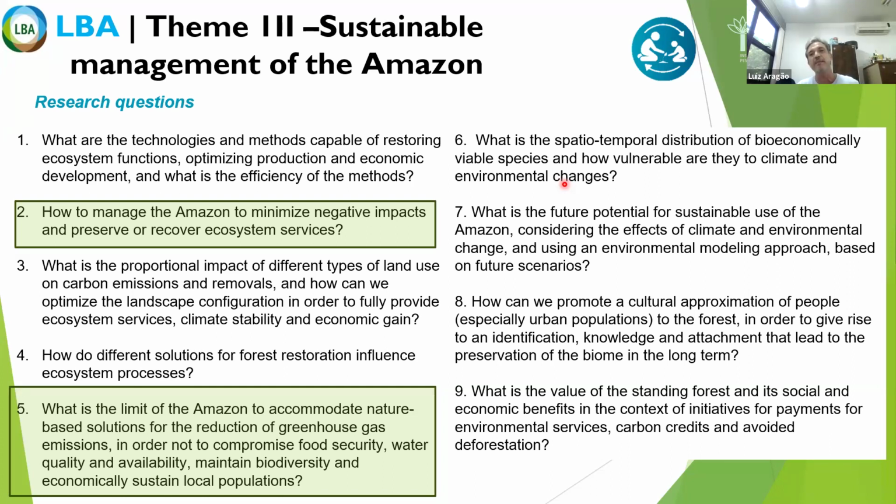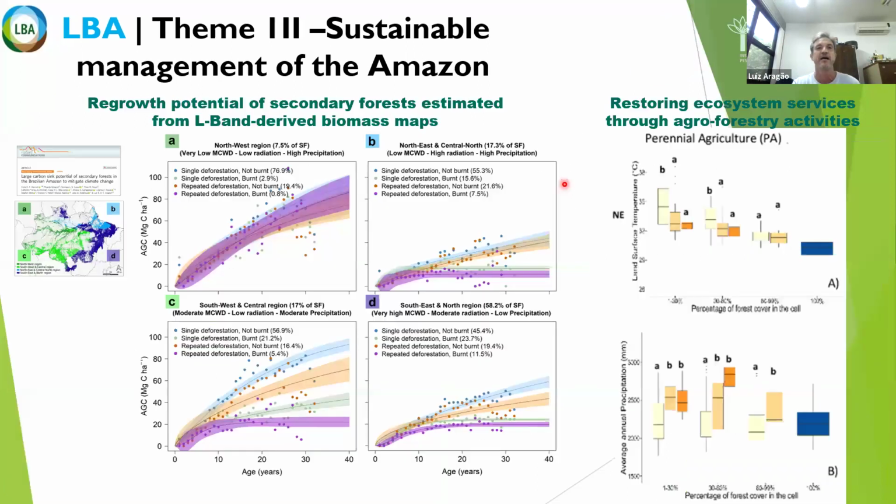And what is the limit of the Amazon to accommodate nature-based solutions for the reduction of greenhouse gas emissions in order not to compromise food security, water quality, and availability, maintain diversity, and economically sustain local population? So all these questions are questions that science can provide an answer.